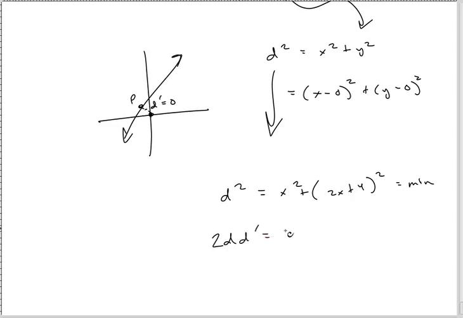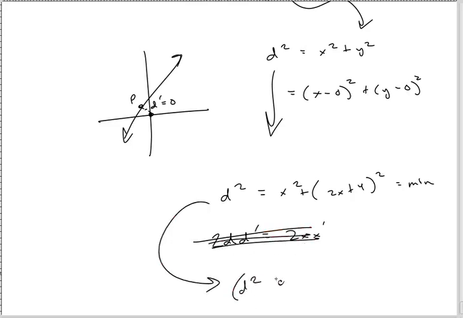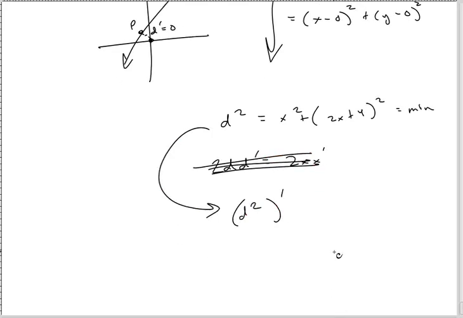2dd prime is equal to 2x x prime. And that's the thing. I don't think you even need an x prime. In fact, I think this is going too far. Just pause. I'm going to just minimize the distance at all, okay? And so we're just going to take a derivative normally.